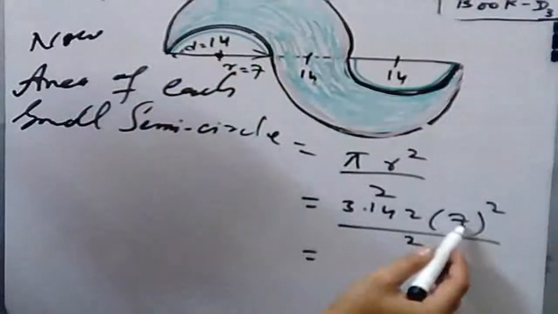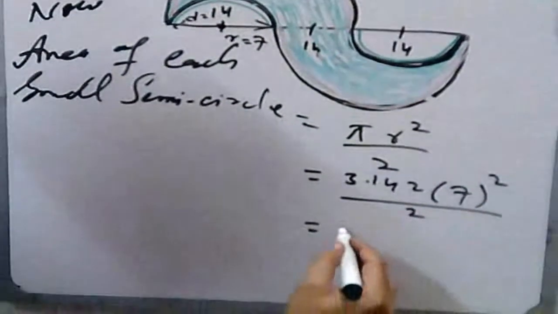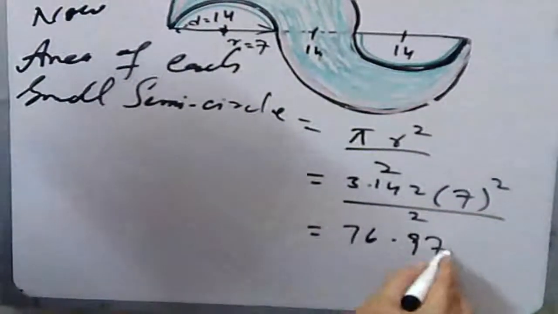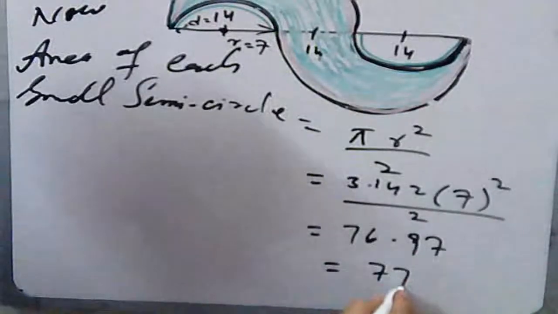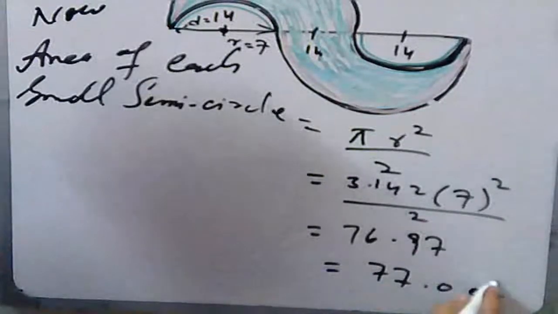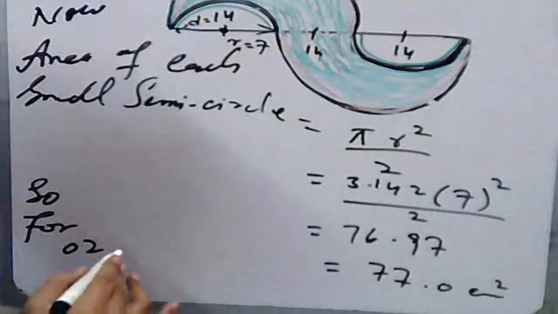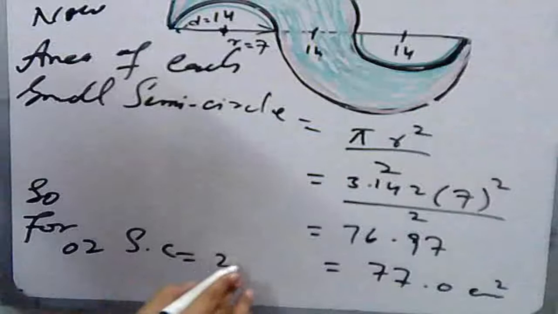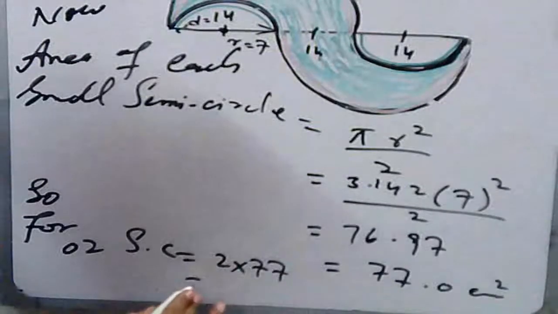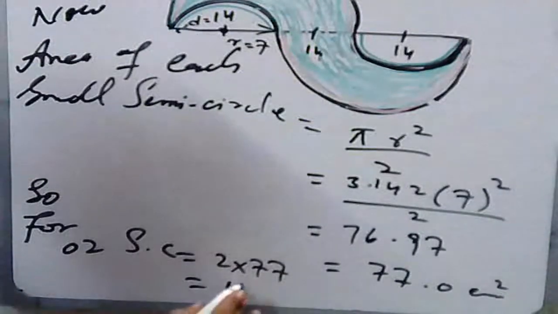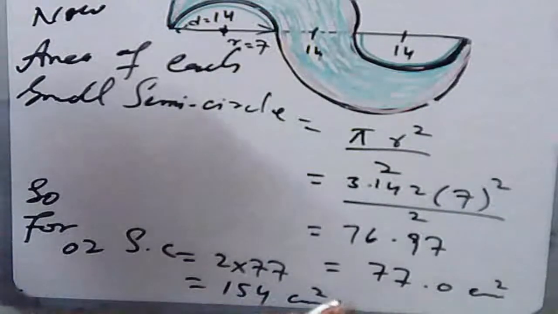So that's why I used 7 here. After simplification, you will get 77.0 centimeter square. So for 2 semicircles, 2 multiplied by 77, you will get 154 centimeter square. That is your important result.